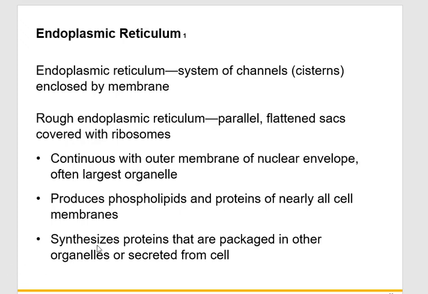It also synthesizes proteins, and it sends them through the lumen over to the Golgi apparatus to be packaged up so that you can secrete it. So it's kind of like your blood vessels. It's your transport system throughout the inside of a cell.